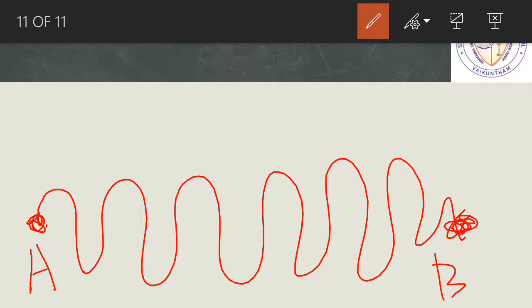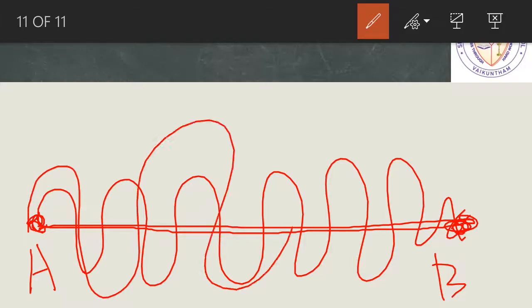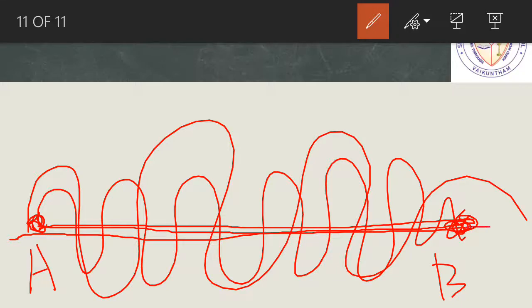So displacement is the distance or the length which is very much shorter. The shortest distance you can take between any two points is nothing but a straight line, right? If you want to save your energy, you will not go here and there like this, you will just go straight to your classroom.